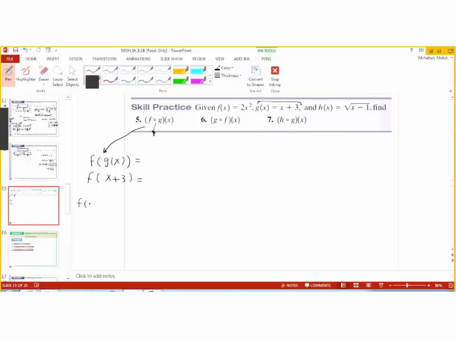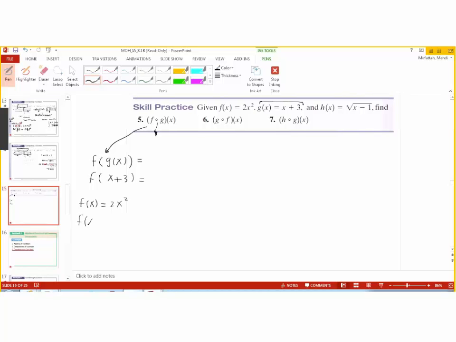So I'm going to replace this with x plus 3. In order to find f of anything, I have to start with what f of x is. f of x is given to me as 2x squared. So f of x plus 3 would be a substitute. Everywhere I see x, I'm going to substitute it with x plus 3. There's only one place here we have x.